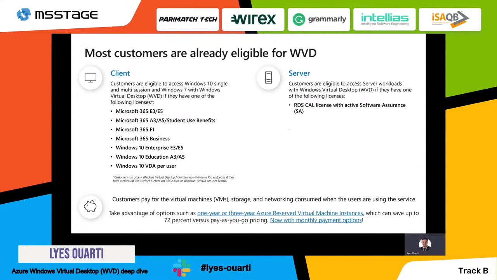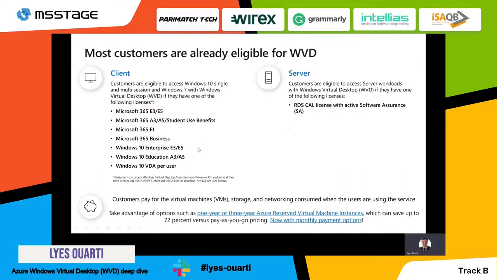But obviously, most customers, if they can, will go to Windows 10, and we have two flavors: Windows 10 single and multi-session. From a licensing perspective, in order to use Windows 10 and Office 365, these are the options available for customers: if a customer has Office 365 E3 or E5, or a Windows 10 VDA per user.